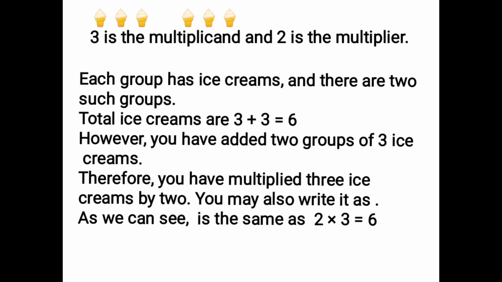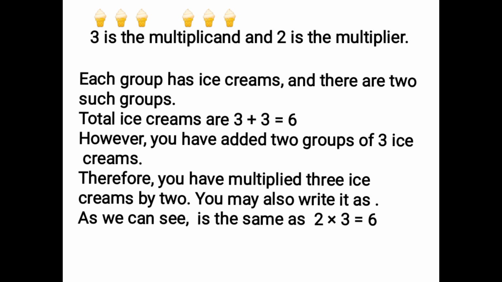Now, let's calculate. Using the addition method, you add each of the groups. The total number here: we have 3 and 3, so we have to add them up together. 3 into 2 places, which is 3 plus 3. 3 plus 3 gives you 6.